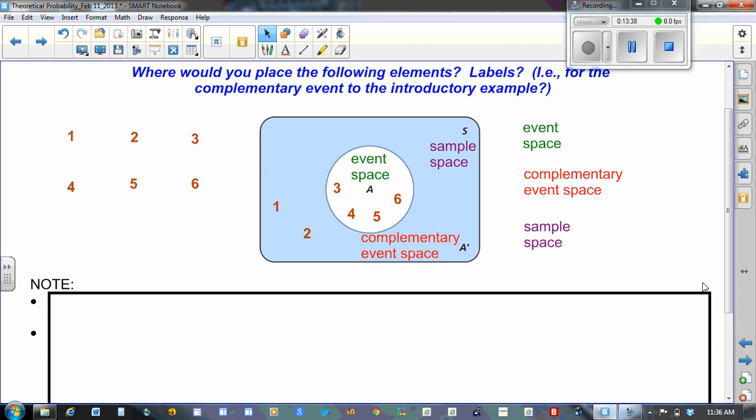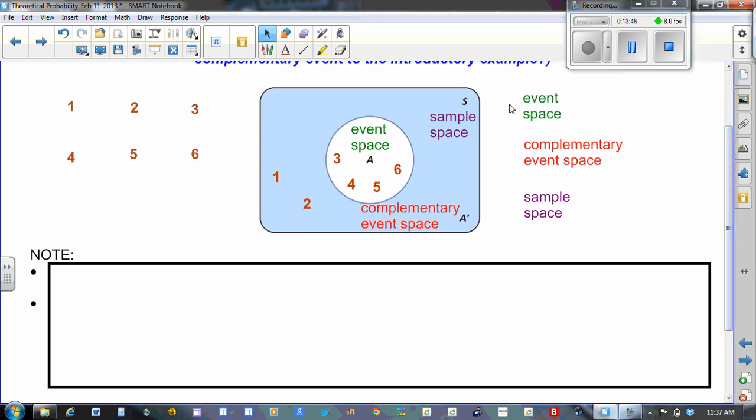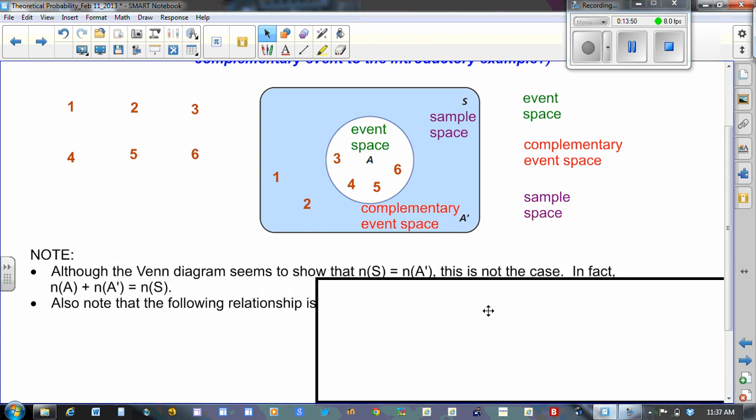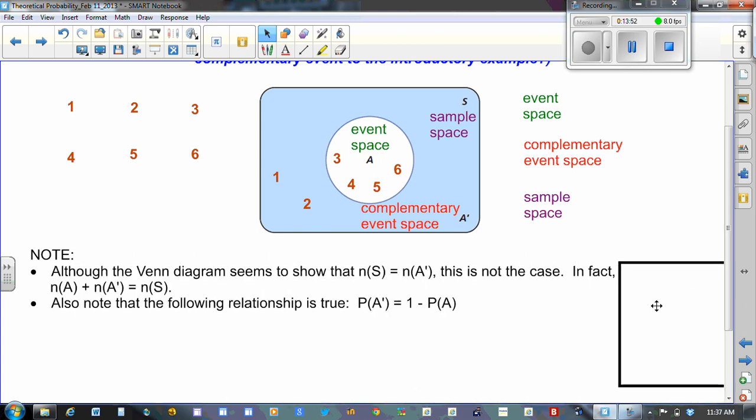You can see that all of the labels have been placed appropriately, and just a few bits of information. One of them being that the diagram might somehow be confusing or misleading in a sense. For instance, the Venn diagram seems to show that the elements in the sample space might correspond to those in the complementary space.